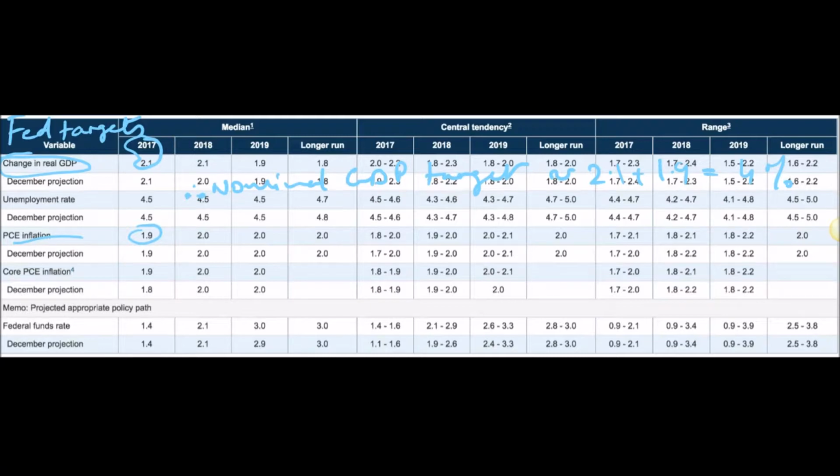Now, these projections are based on changes of the value from the fourth quarter of the prior year to the value in that year. The long-term median value for change in real GDP growth seems to be around 2%. The long-term inflation target is also around 2%. And therefore, the targeted rate of nominal GDP growth would be 4%.